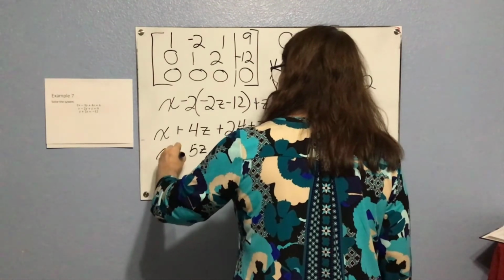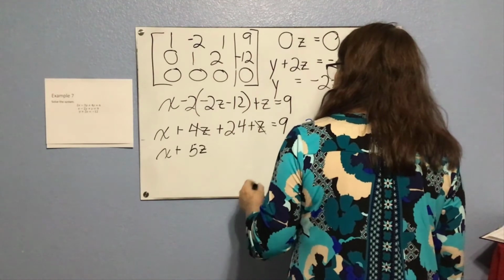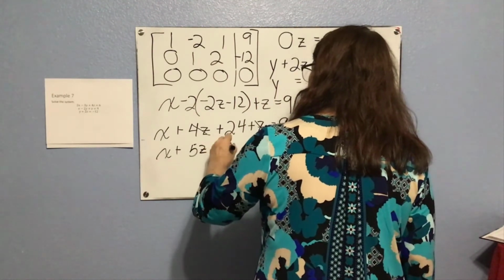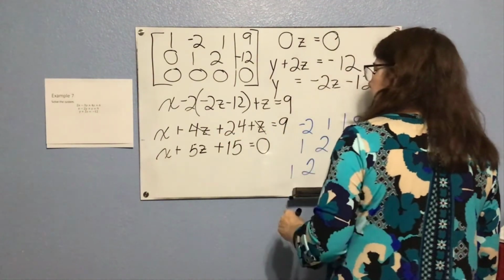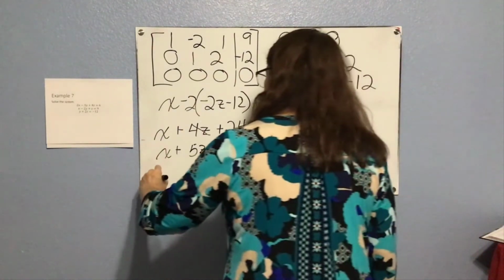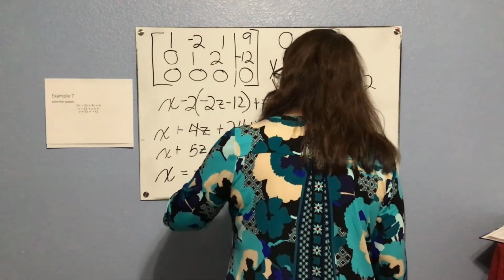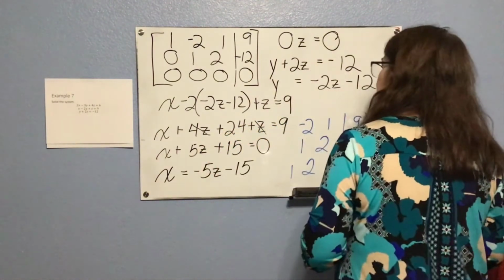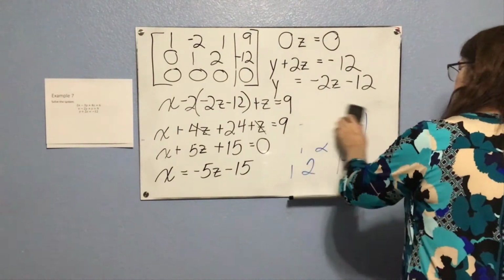So now I have x plus 5z. And if I subtract the 9, I would have plus 15 equals 0. But I want x by itself, so I'm going to move both of these terms back this way. And I get x equals negative 5z minus 15.